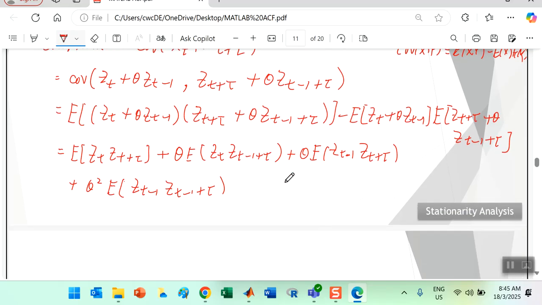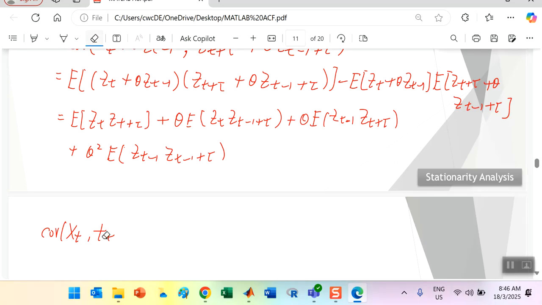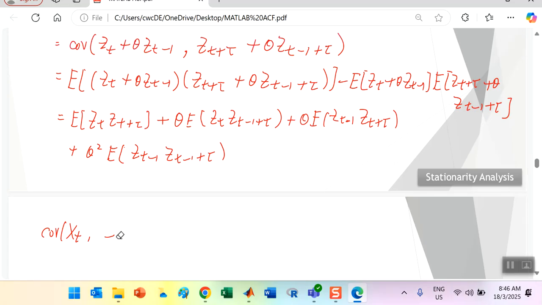So here, if you substitute a different tau value, you should get a different covariance value, isn't it? So you can actually form your covariance of XT and, sorry, it should be XT plus tau.